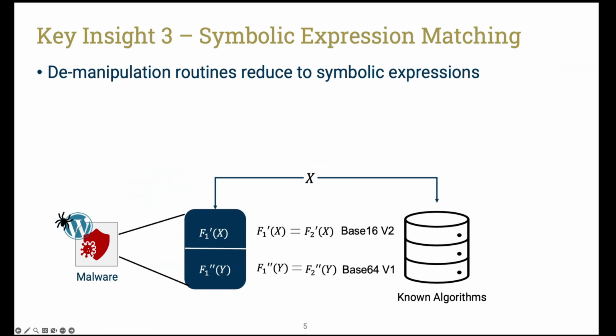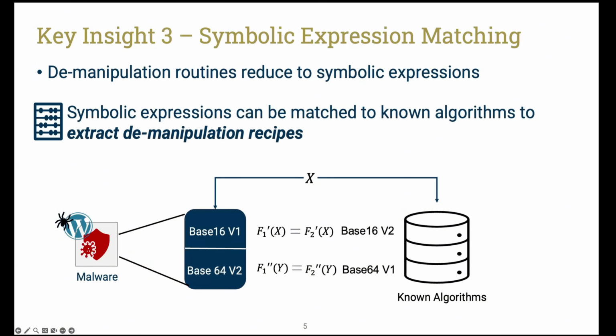This led us to our third key insight, which is symbolic expressions can be matched to known algorithms to extract demanipulation recipes. That is, these expressions give investigators an implementation agnostic recipe. So by comparing symbolic expressions extracted from the malware's DDR logic with expressions derived from known algorithms, the investigators can recover the exact demanipulation steps that the malware used.